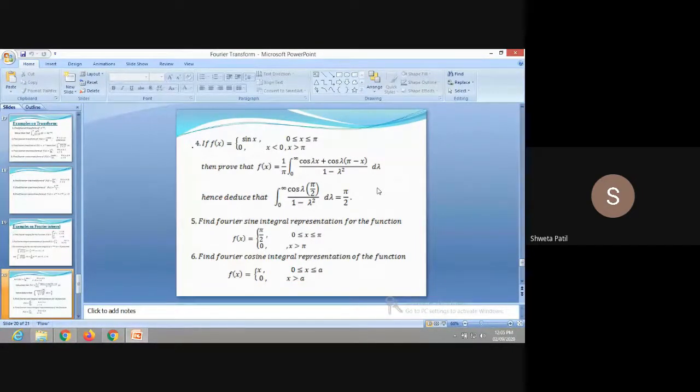Please note d lambda is there here, also d lambda, plus 1 upon 2 pi integral from minus infinity to infinity sine of lambda into pi minus x, the whole upon 1 minus lambda square d lambda.